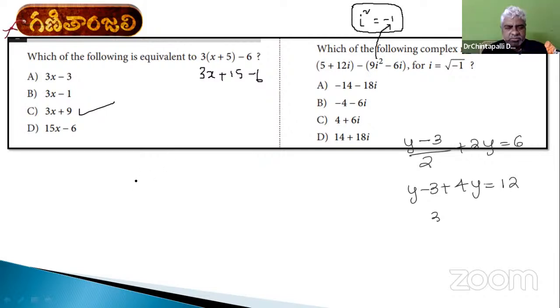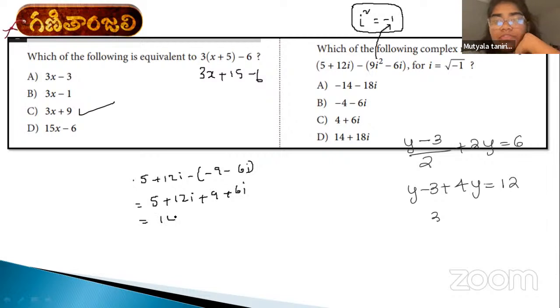So it is 5 plus 12i minus of minus 9 minus 6i, equals 5 plus 12i plus 9 plus 6i.